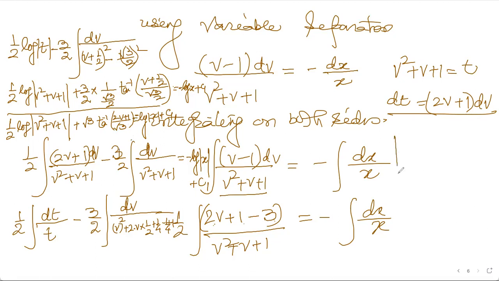So the answer becomes like this: half log v square plus v plus 1, and if I bring this minus log x as plus half log x squared, I'm using a logarithmic law here, is equal to root 3 times tan inverse 2v plus 1 upon root 3 plus c1.